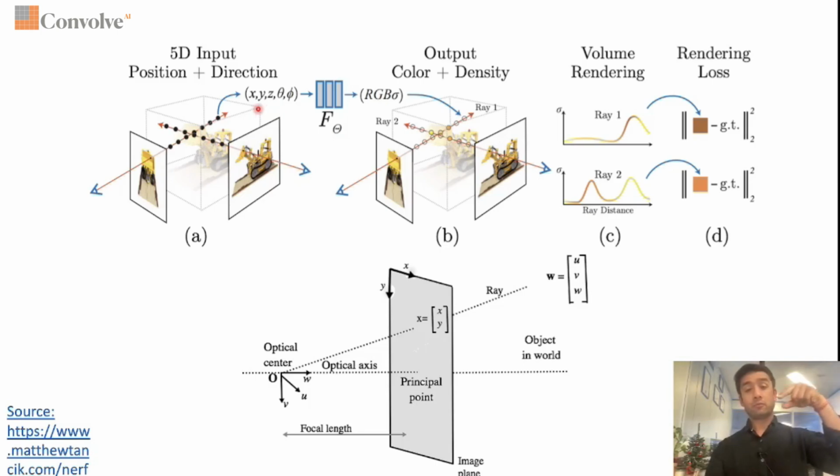For your scene, you have a cuboid, and in there, for this particular point, you have X, Y, Z, and theta and phi. XYZ is the Cartesian coordinate for that particular point in the 3D scene, and theta and phi define the viewing direction, the viewing angle.